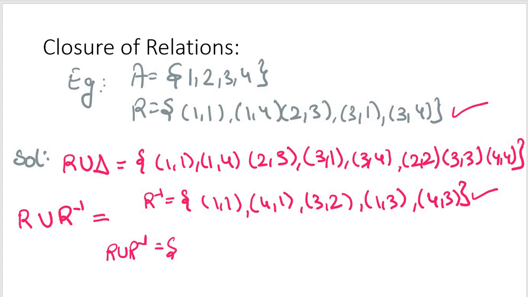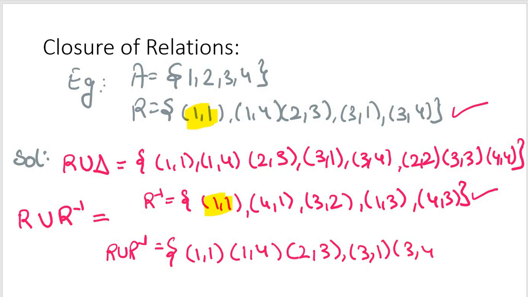So what I'm getting is 1 comma 1, which I have covered, and then I am going to get, let's say, 1 comma 4 and 2 comma 3, 3 comma 1, 3 comma 4. So in some sense I have covered 1 comma 4 here, 2 comma 3 here, 3 comma 1, 3 comma 4, and then I have to see 4 comma 1.